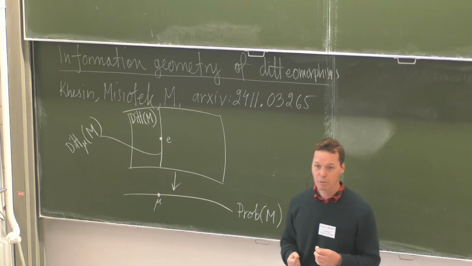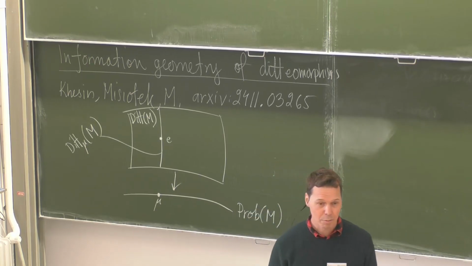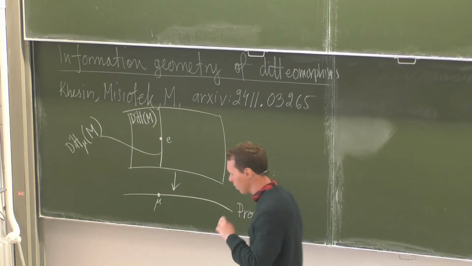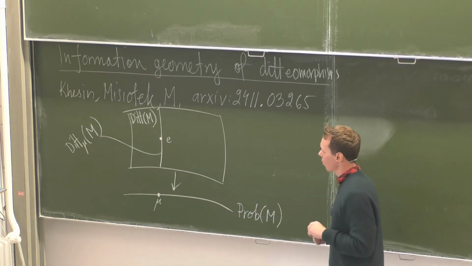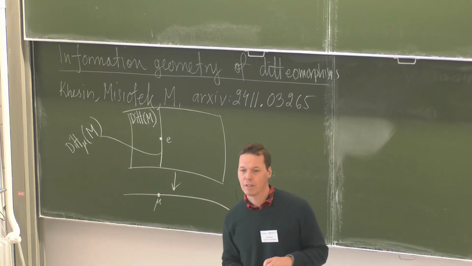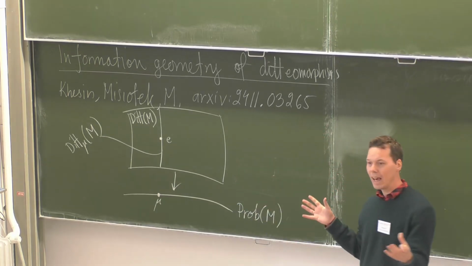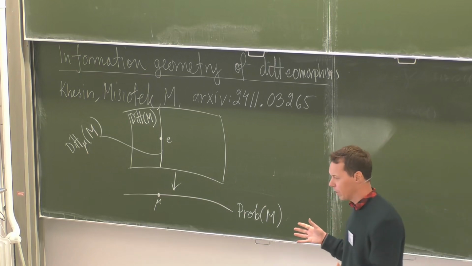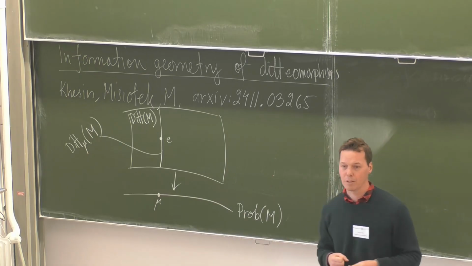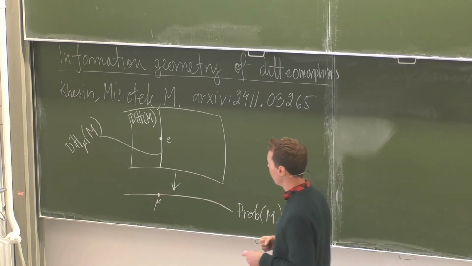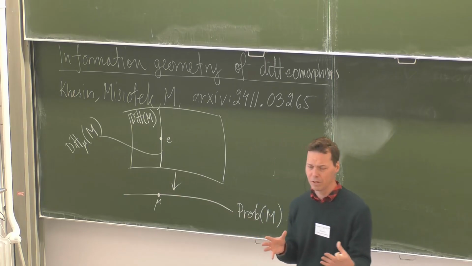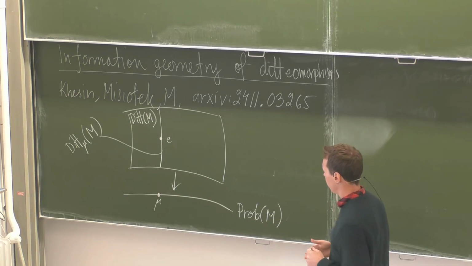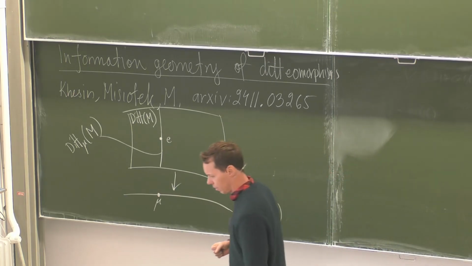But before I do that, I want to talk about the connection to another big field of mathematics, which is optimal transport. This is work going back at least to Brenier, with this idea of using L2 optimal transport for problems and relating that to fluid dynamics. And then Felix Otto, who was more explicit about the connection to Riemannian geometry.